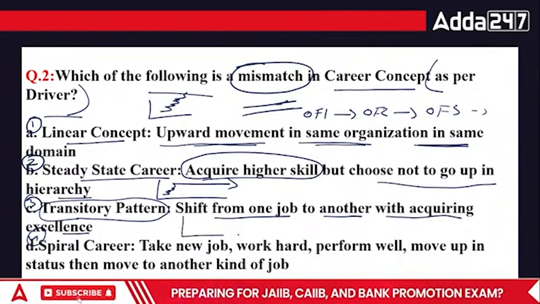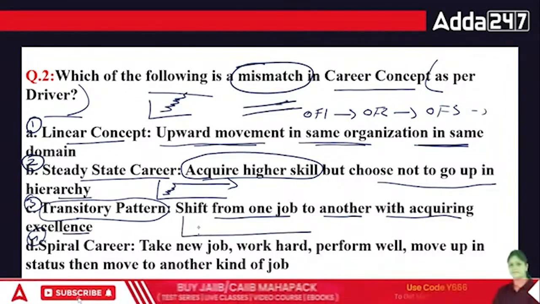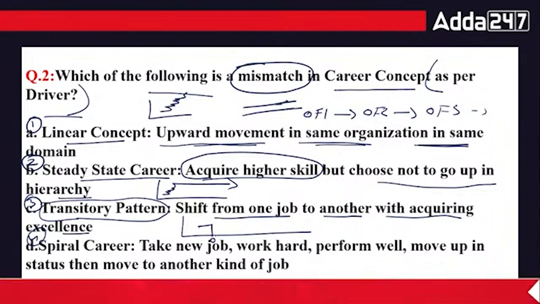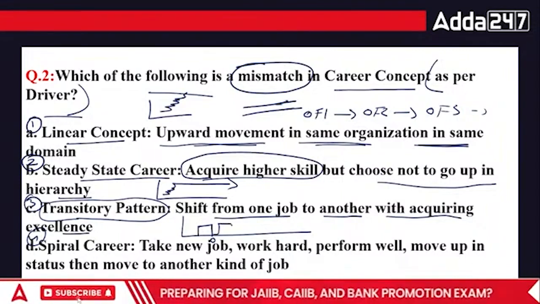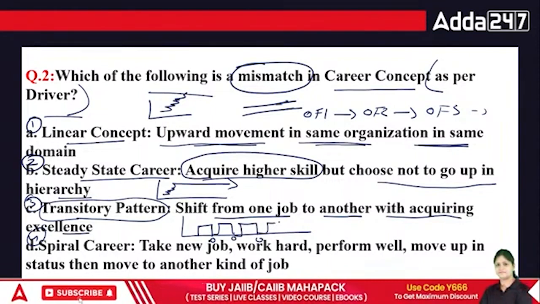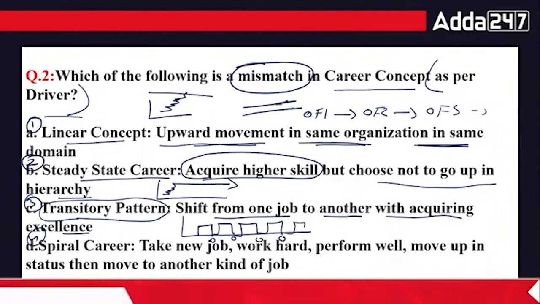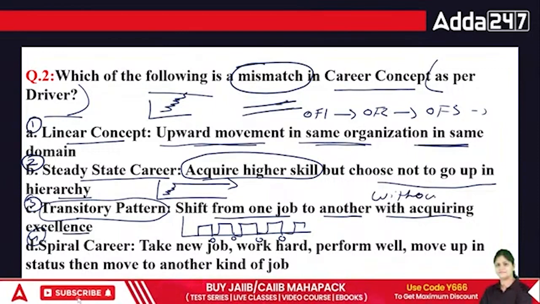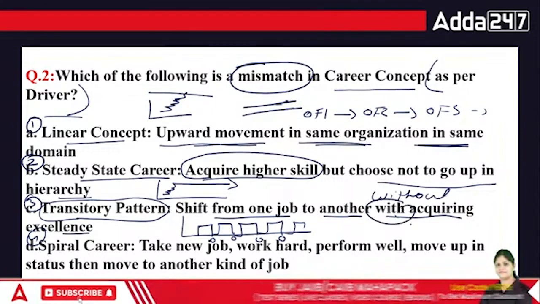You have joined, then moved here, again started from 0, then again started from 0, and so on. So you keep changing the pattern, but without acquiring any excellence. I have written "with" here, which is wrong.